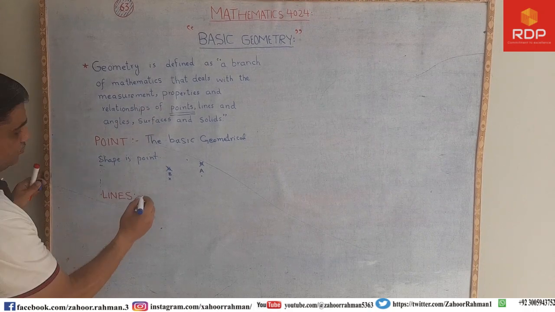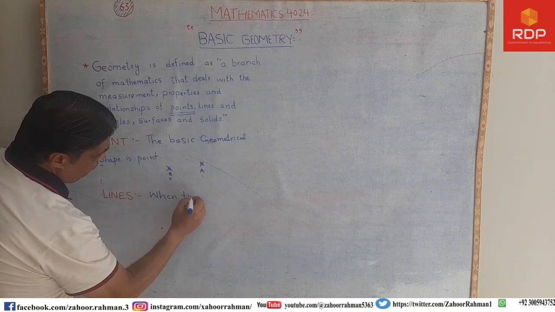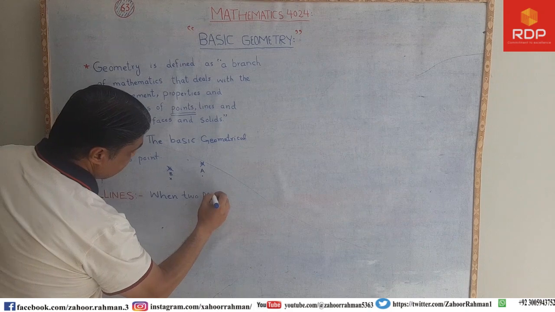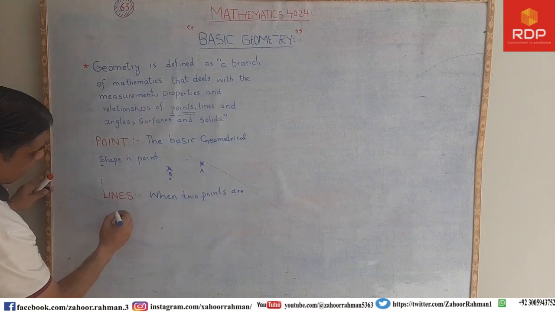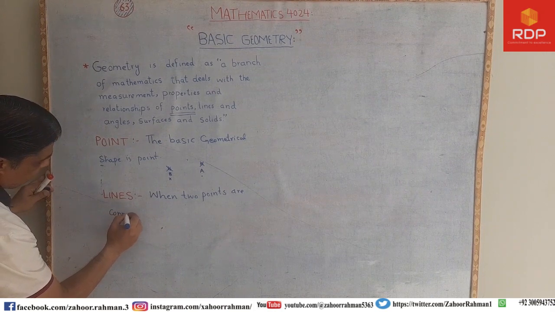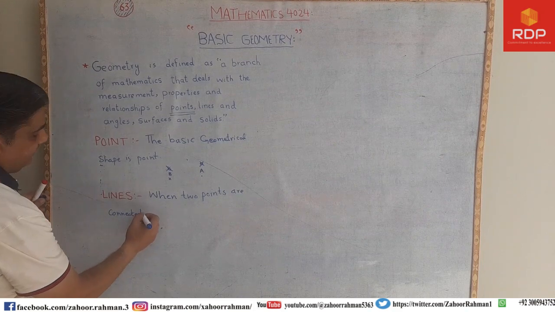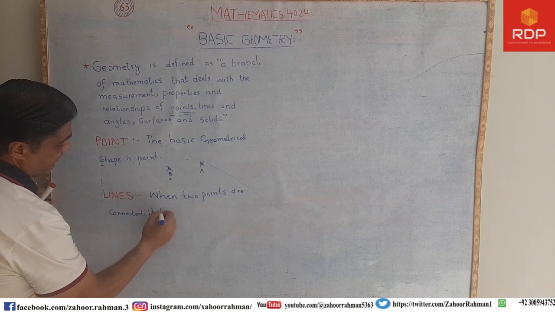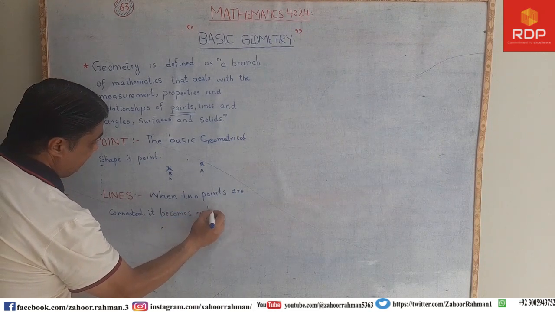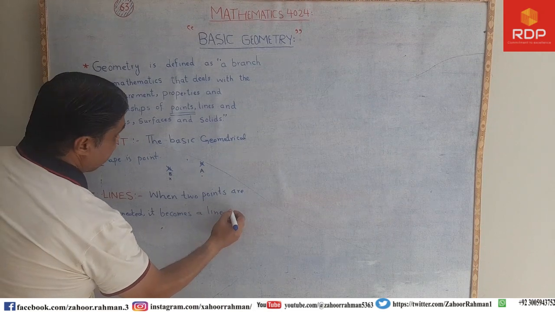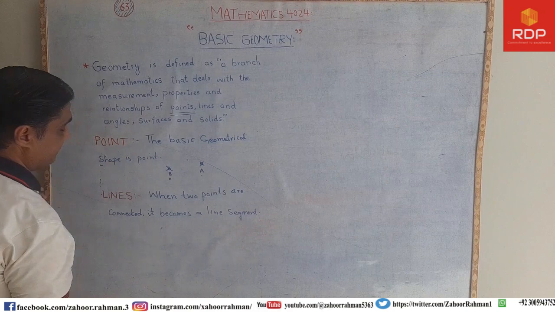When two points are connected, it becomes a line segment. That is a line segment.